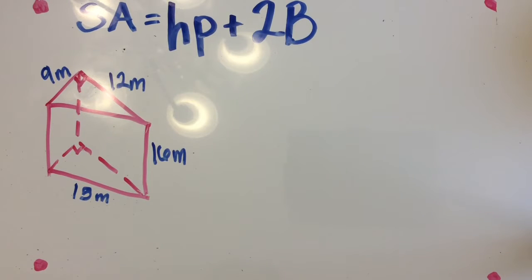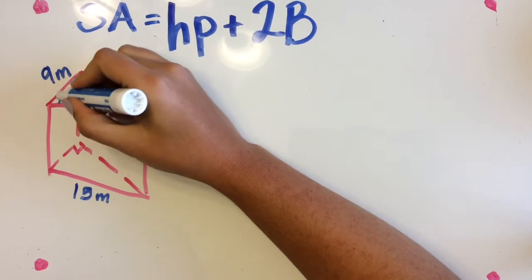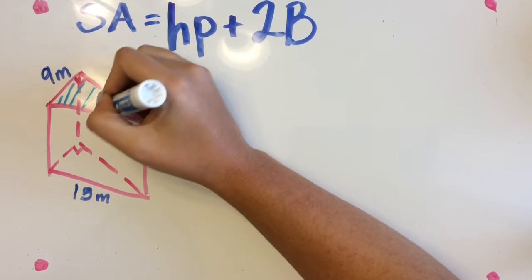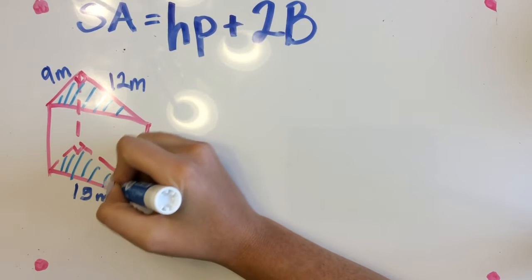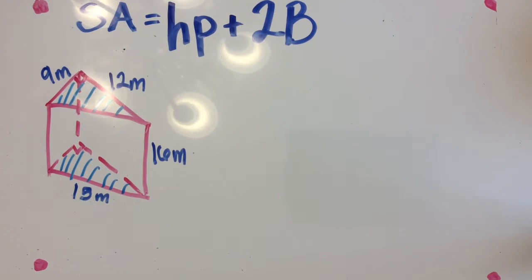The only thing I see that's exactly opposite of each other is this top part, which matches exactly this bottom part right here. The shapes I see are triangles. So these are two triangles that are opposite of each other and the exact same size, hence a triangular prism, another example of a triangular prism.